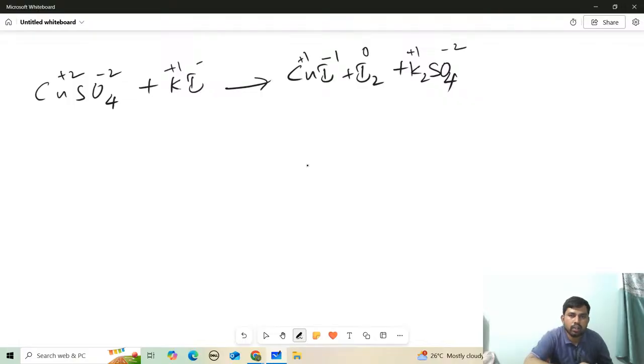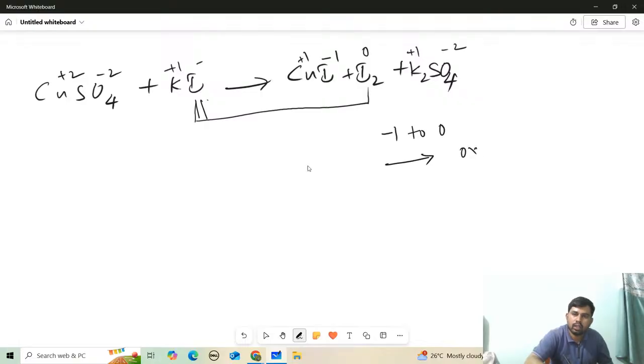Now what I can say here: iodine goes from minus 1 to 0, so it is undergoing oxidation.